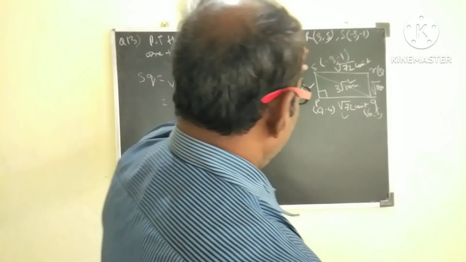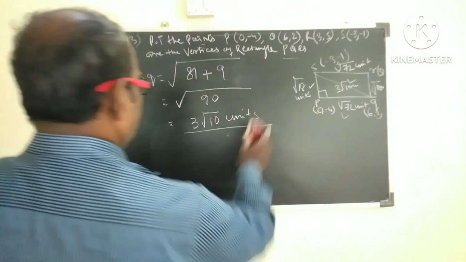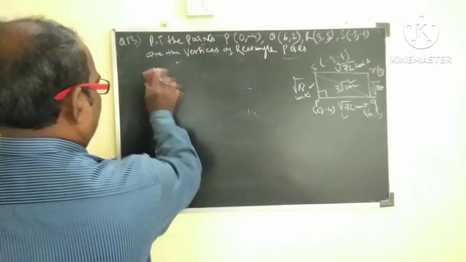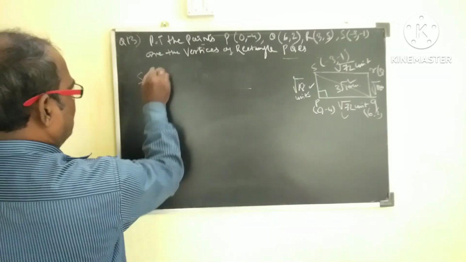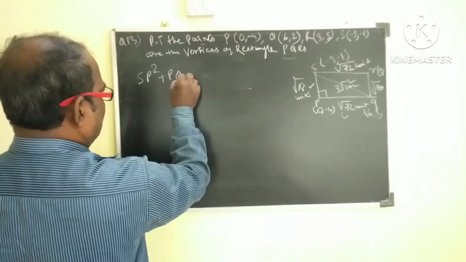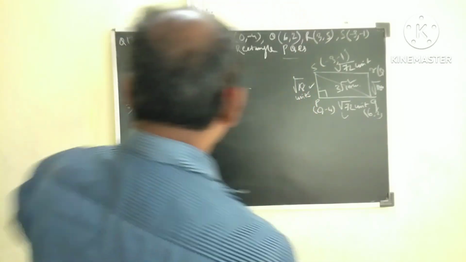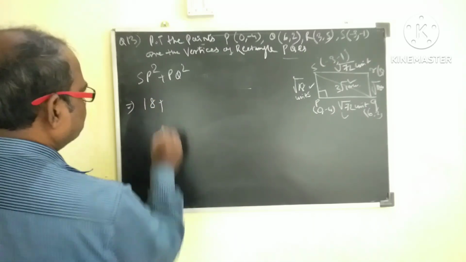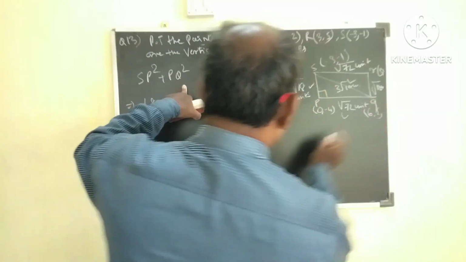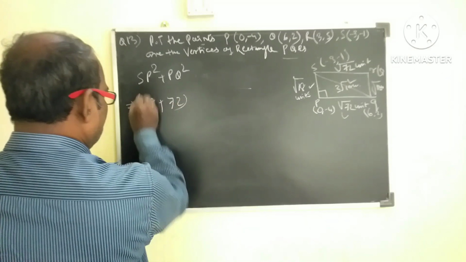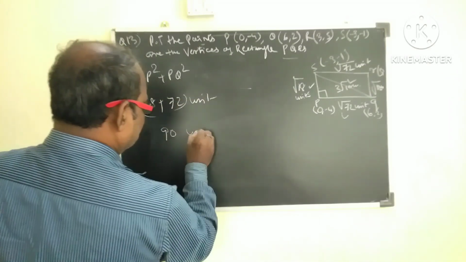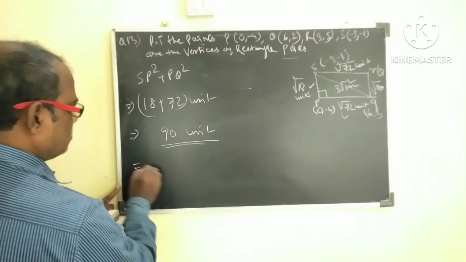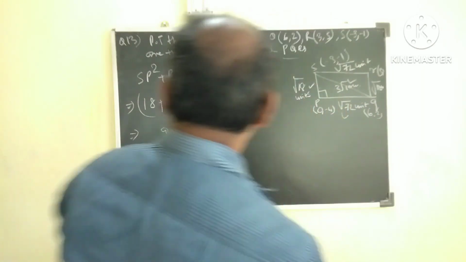Now we have to see whether SP square plus PQ square, SP square is 18, PQ square is 72, equals 90 units, but 90 units equals SQ square.